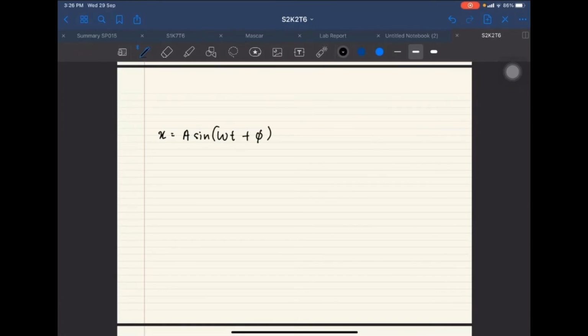And then you can find the V by differentiating this one, dx over dt. Sometimes example kalau kita pakai sine tu, kita punya V tu akan jadi A omega cos. Ni example sebab it really depends on the starting equation.